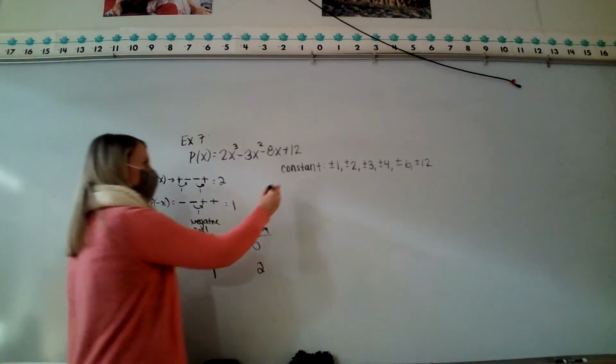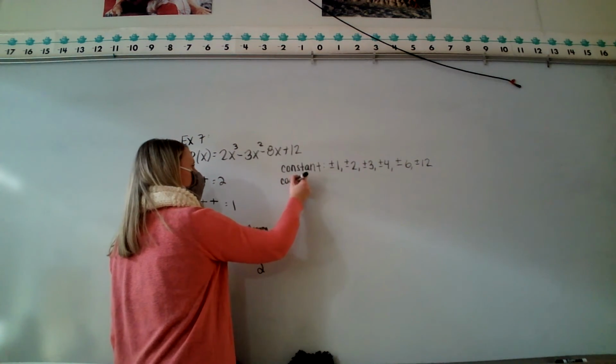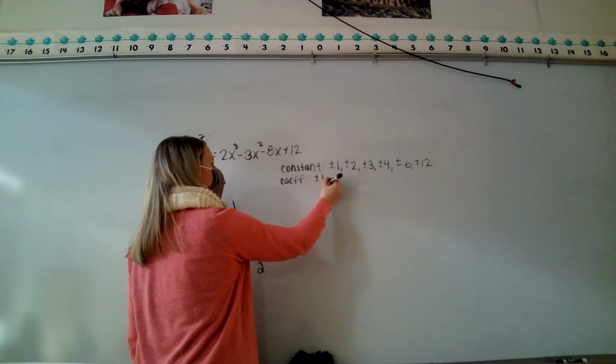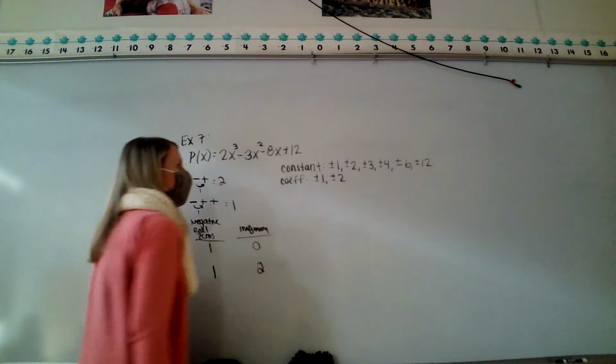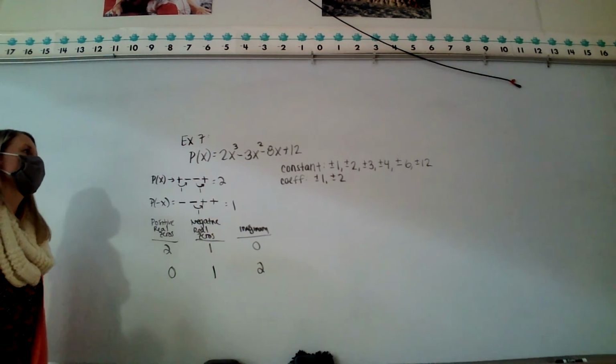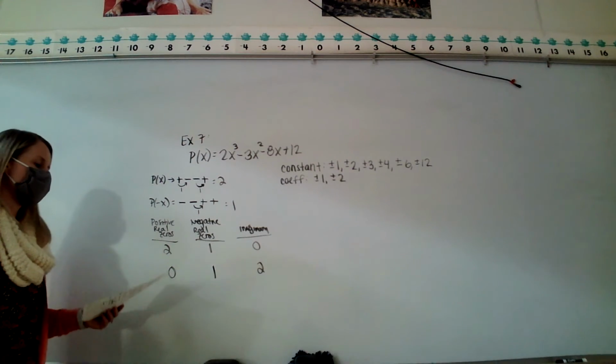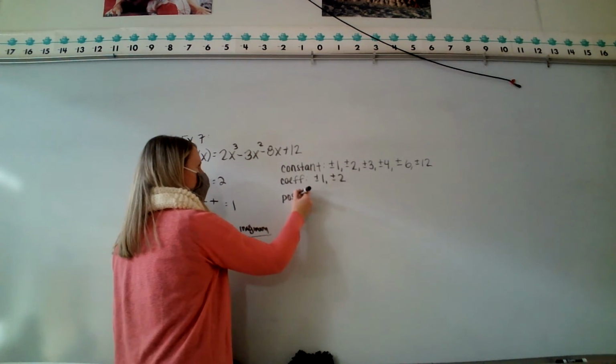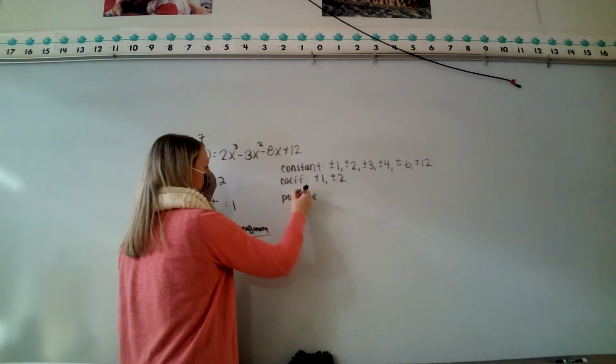And then I do the leading coefficient. Oh, that one's at least a little better. Plus or minus 1, plus or minus 2. And then I say, well, what are my actual possible rational roots? That's when you do constant over coefficient.